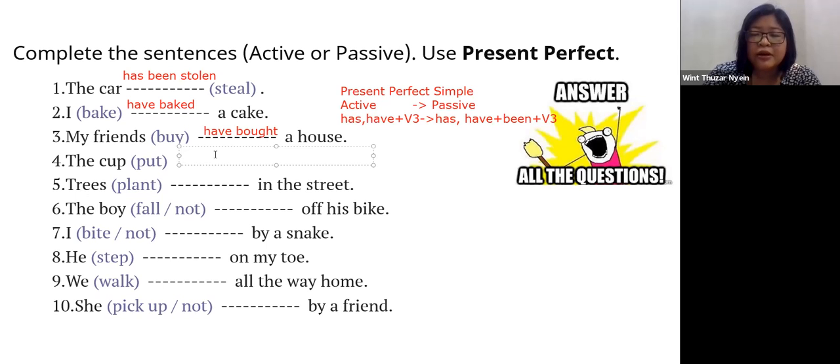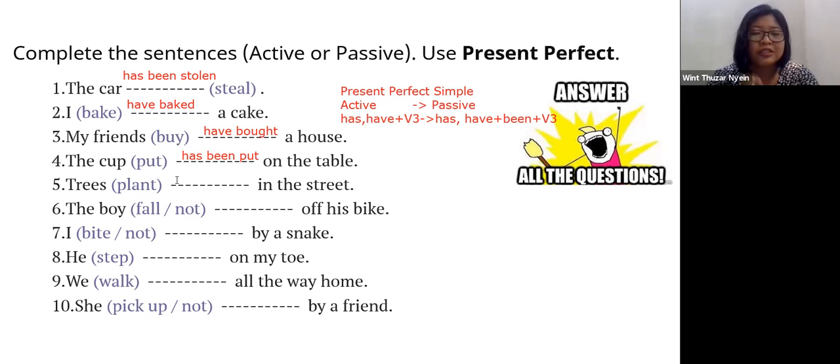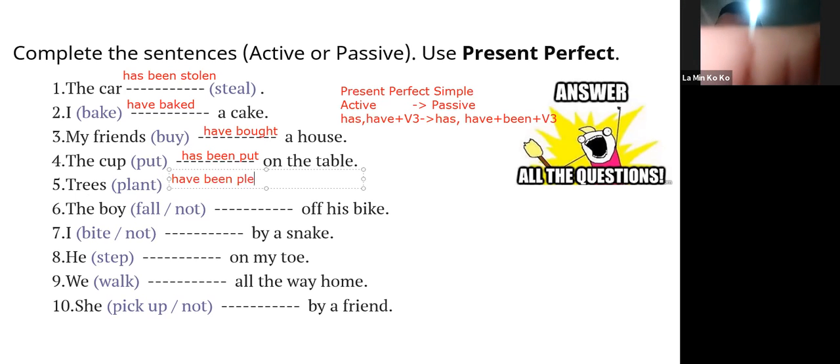The passive form of present perfect is has been bought. Number 5, tree. A tree is a thing, so it is also passive: have been planted.